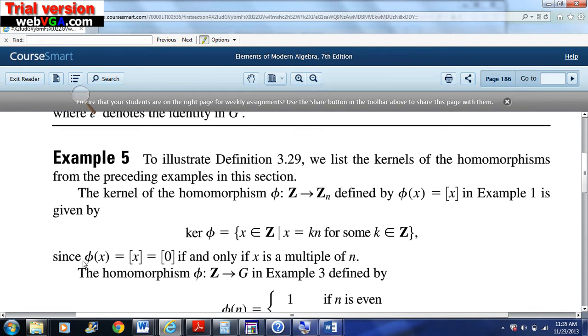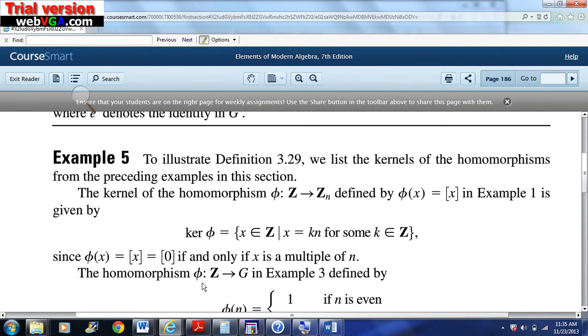As indicated there, since phi of x is equal to class x is equal to class 0 if and only if x is a multiple of n.